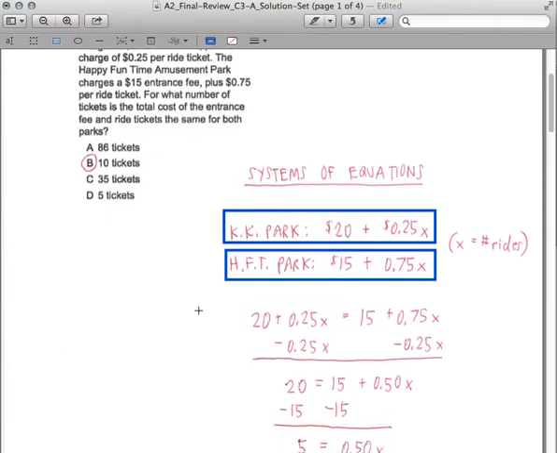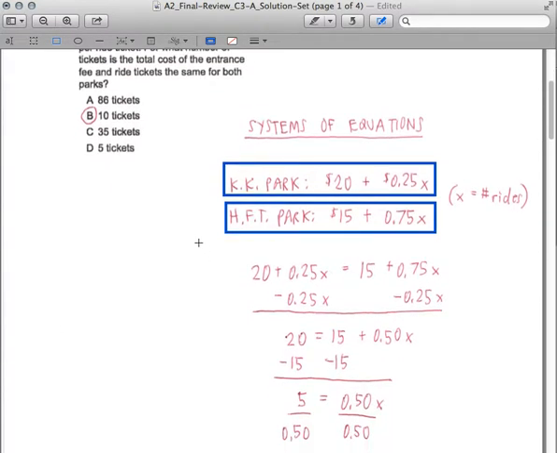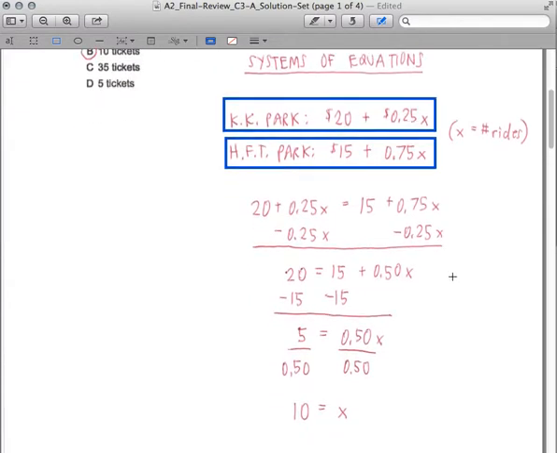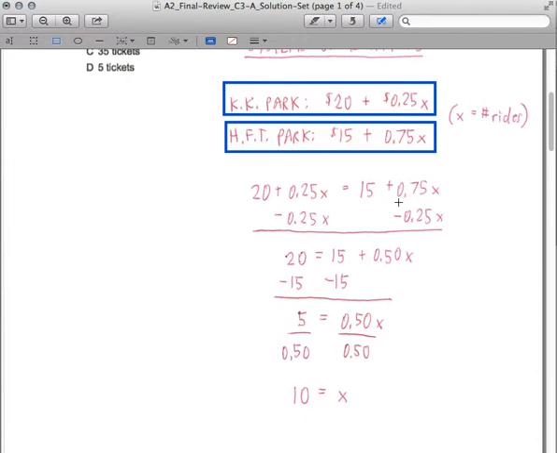Well, we can set the equations equal to each other because they are both essentially y equals 20 plus 0.25x and y equals 15 plus 0.75x. So we're basically saying y equals y, or the cost equals the cost. And in this case, we can then solve for the value of x that makes these two models equal to each other.